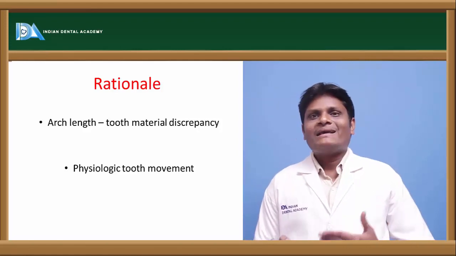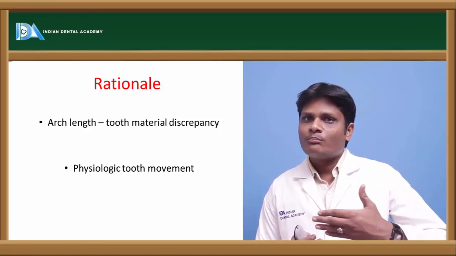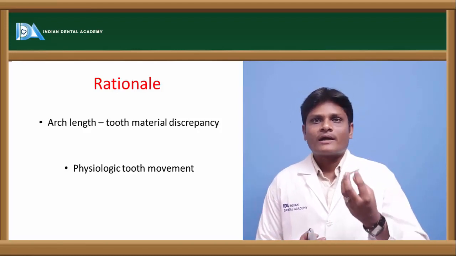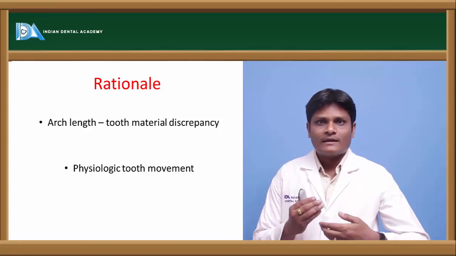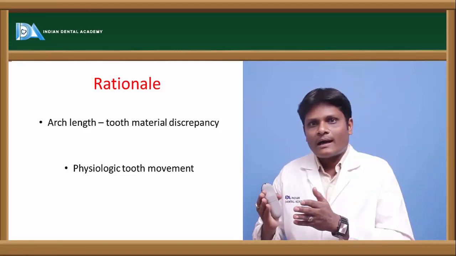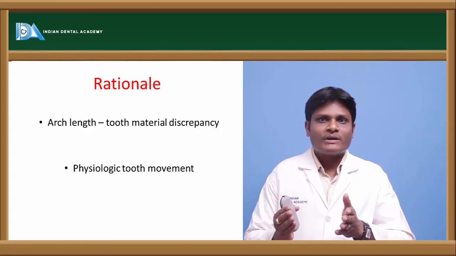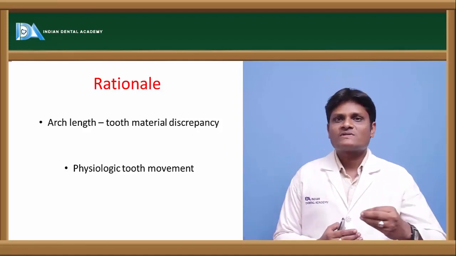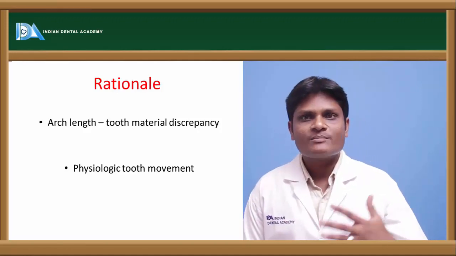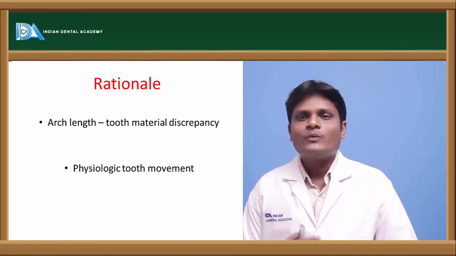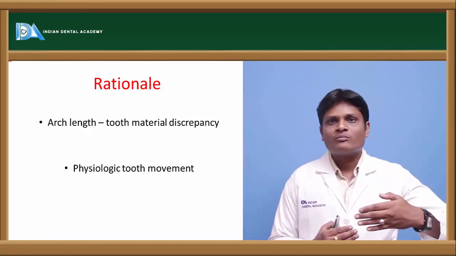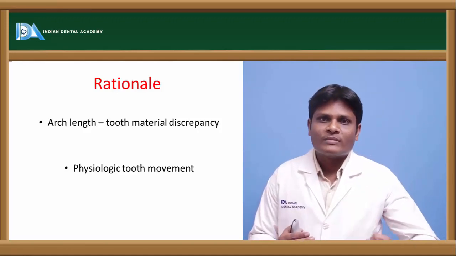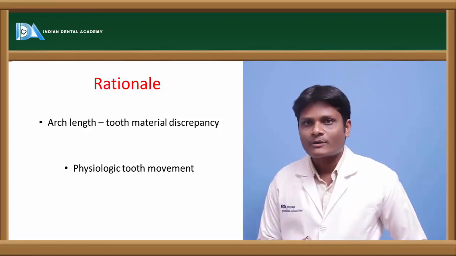So, by extracting a few primary teeth and a few permanent teeth in serial extraction, we are reducing the amount of tooth material, thereby equalizing the arch length to the tooth material and avoiding the malocclusion. As arch length tooth size discrepancy is the most common etiology behind malocclusions like crowding, we are making the arch length compatible with the tooth material, thereby preventing the malocclusion from occurring.